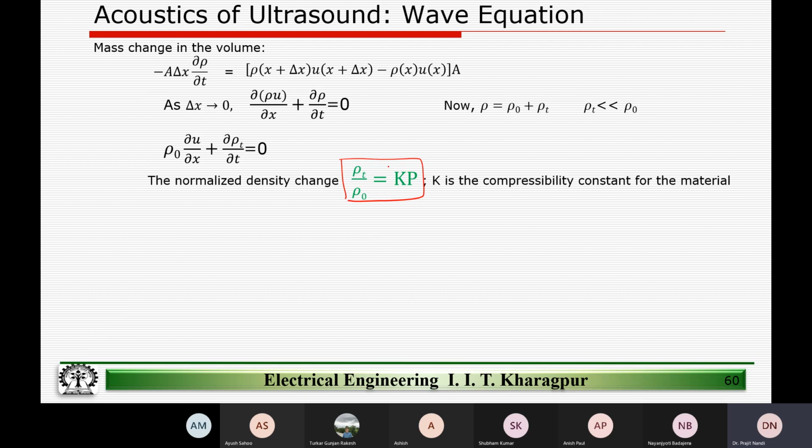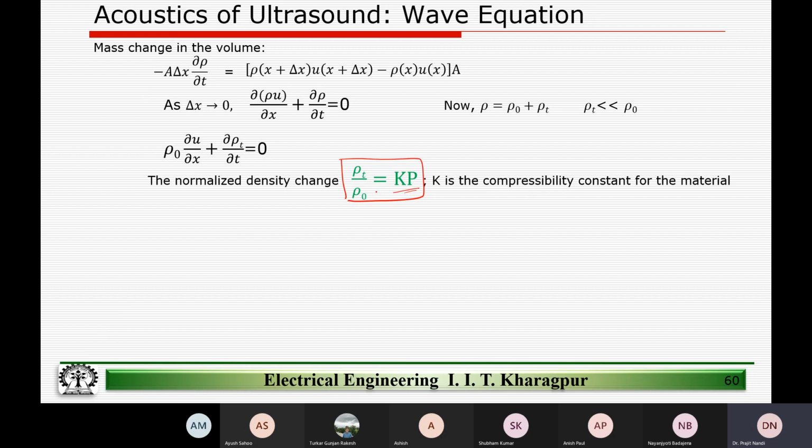Okay, so this is one relation: rho T by rho 0 equals K times P. P is the pressure, right? So in a fluid, the fractional change in density with time can be equated to the pressure that we are applying on the fluid, and K is the compressibility constant.